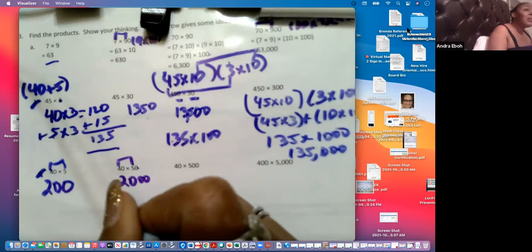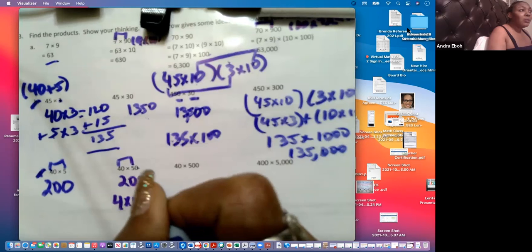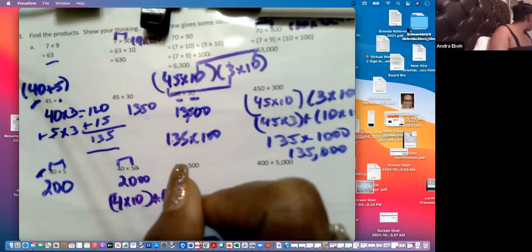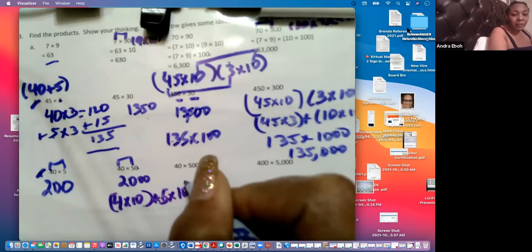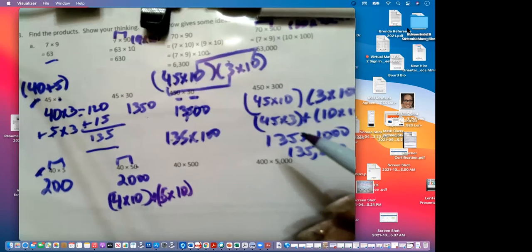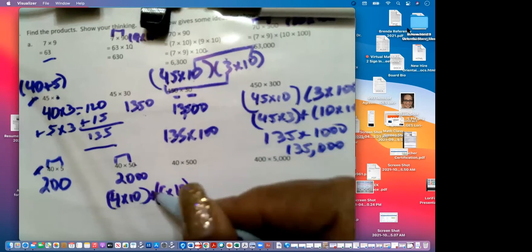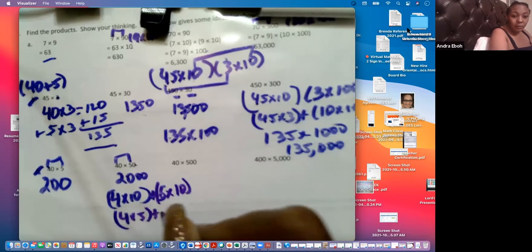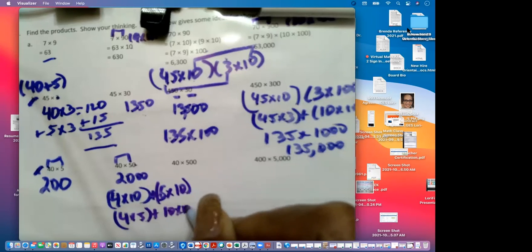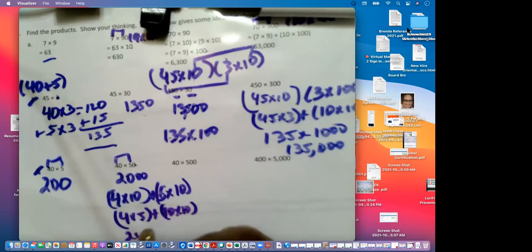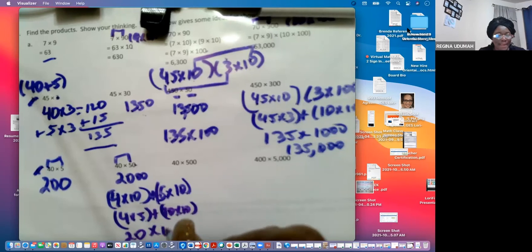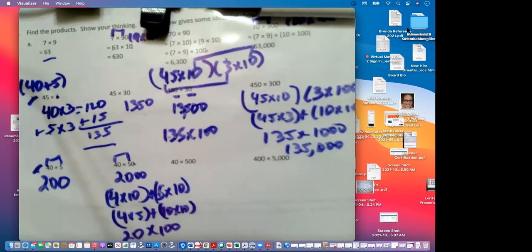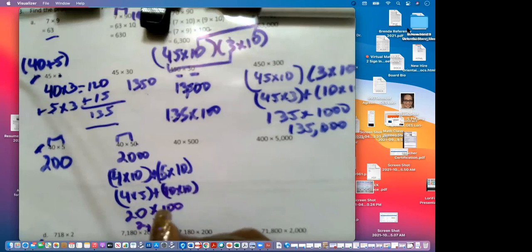Or you can do 4 times 10 plus 5 times 10, put 4 times 5 together plus 10 times 10 together. That gives you 20 times 100, which gives you 2,000.